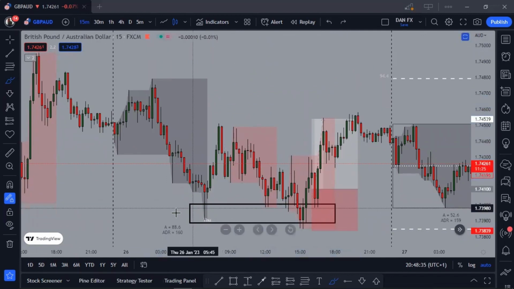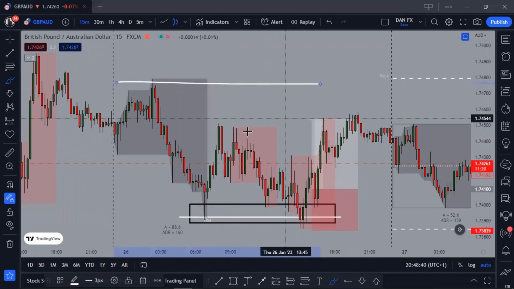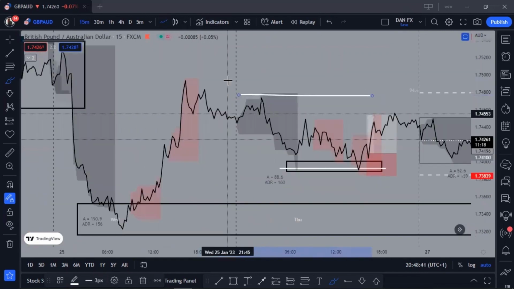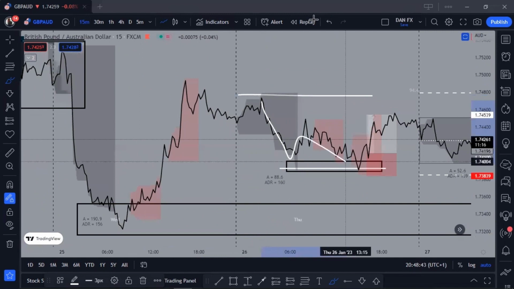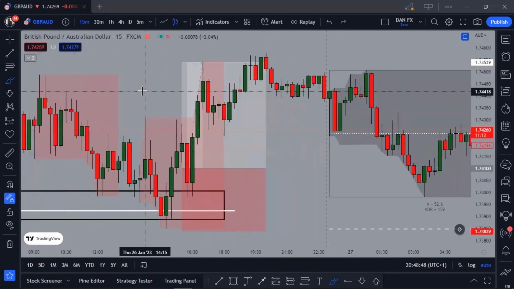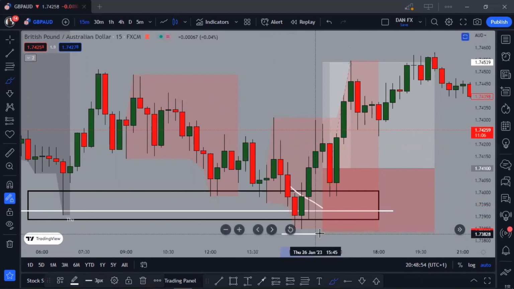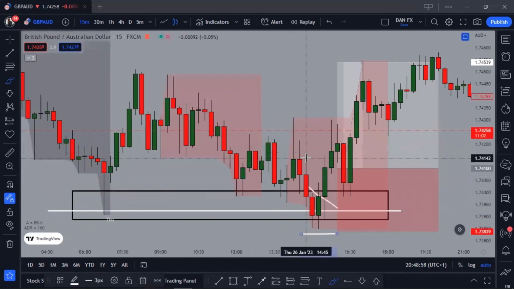You can see they didn't break out of the Asian box, but they gave us a W formation at low like this. So I saw this, and my original entry was meant to be on this railroad track here, with the stop loss being here, but I waited for basically a push, this candle, to come up here. So I took this trade here.